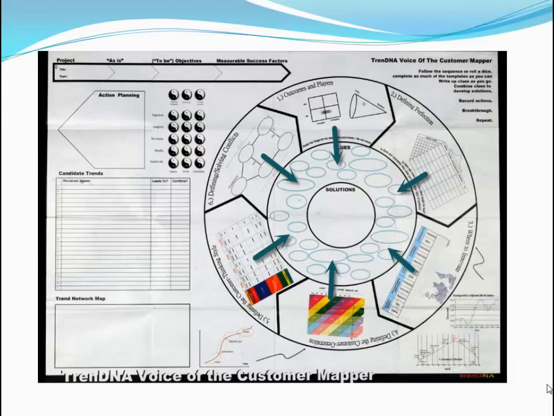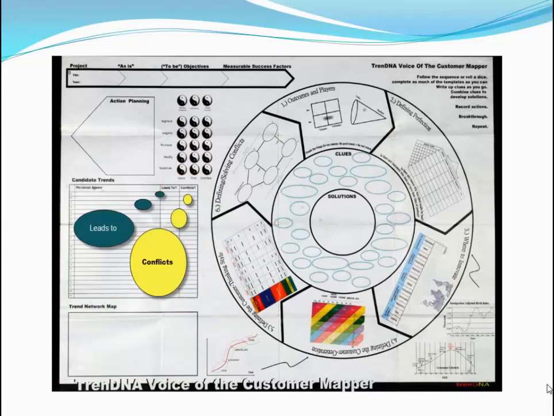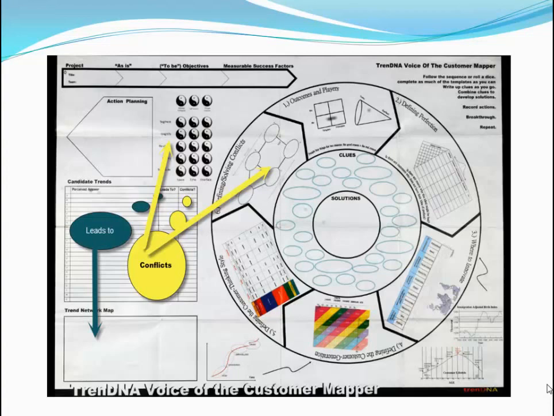These clues are then moved to the candidate trend area and the trend network map area. The analysis now starts into which trend leads to further trends and which ones conflict with other trends. The leads-to pointers go to strengthening the relevance of the trend in the trend network mapping area, while the contradictions are systematically resolved using the dedicated techniques of TRIZ and the TOC, of which we have already spoken.